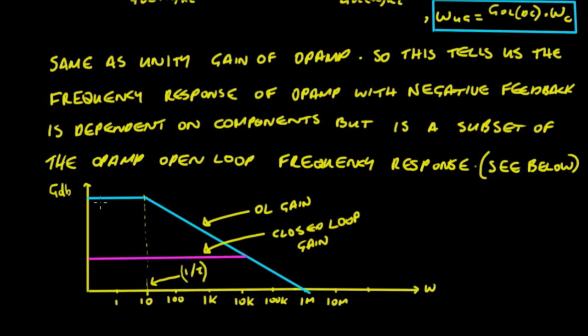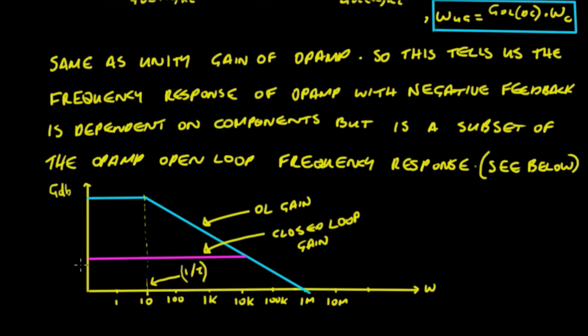So if we had the frequency response of the actual op-amp in blue here, and we had in pink the frequency response of our circuit, then at low frequencies you can see, as we've seen derived earlier, the gain is determined by the values of the feedback and the feed forward resistors.